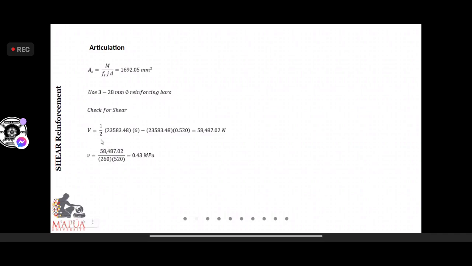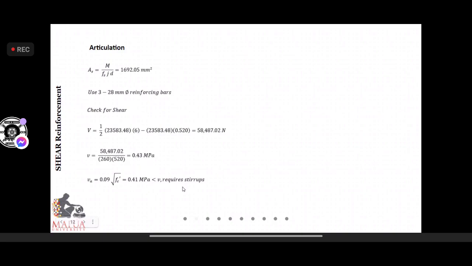This is equal to uppercase V as shear over B and D, the transverse dimension and the effective depth, and this is equal to 0.43 megapascal. By the way, you can revisit the strength of deformable bodies. And the allowable is 0.09 square root of fc', which is less than the actual shear stress.